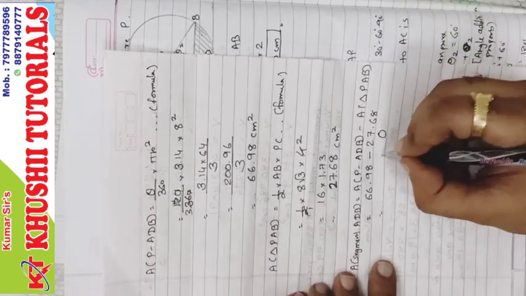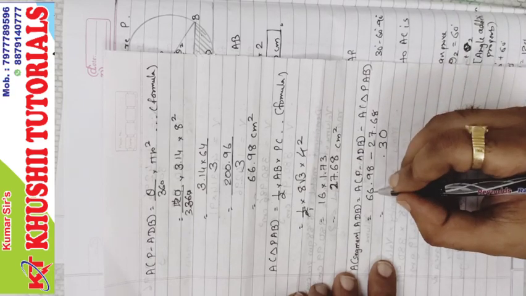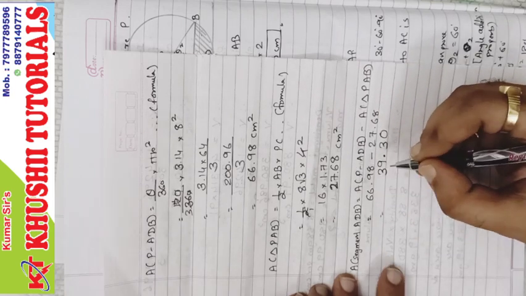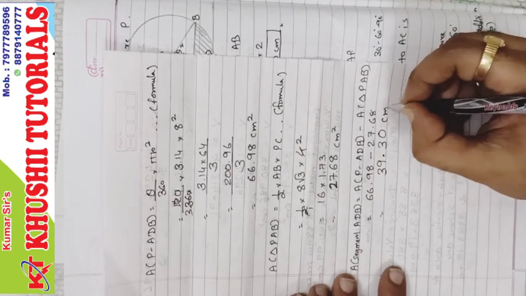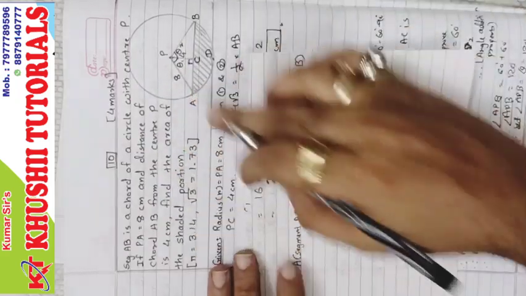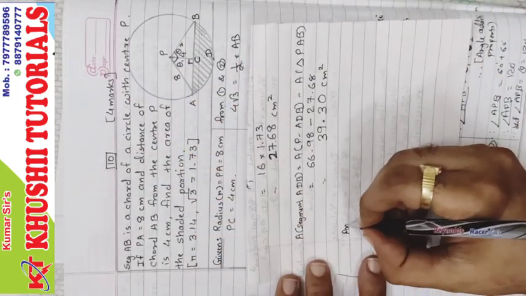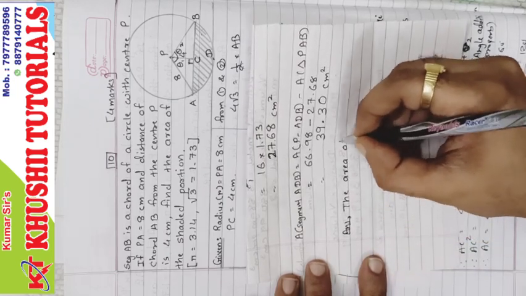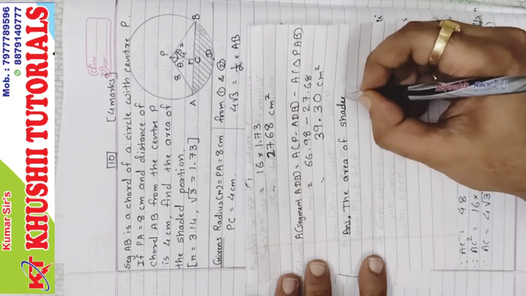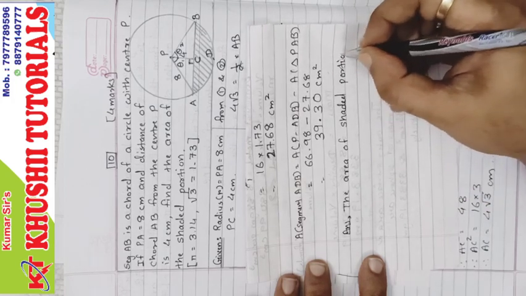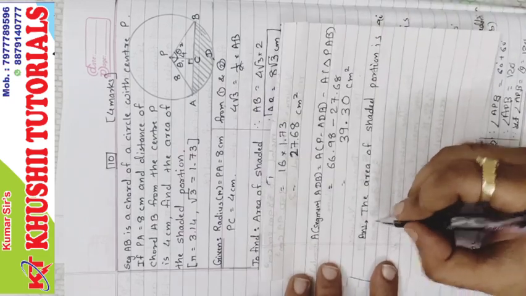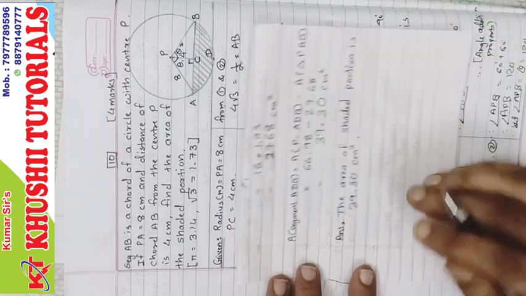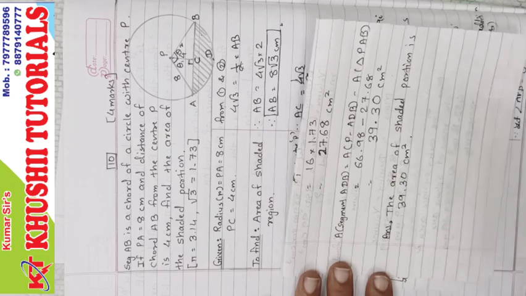Subtracting, we get 39.30 centimeter square. Finally, the answer: the area of the shaded portion is 39.30 centimeter square. And this is the end of sum number 10.